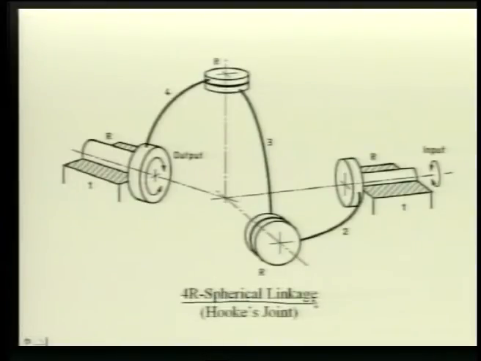The next figure shows what is known as a 4R spherical linkage. Here again we have 4 rigid bodies connected by 4 revolute pairs, one here, one there, one here and one there. But the axes of all these 4 revolute pairs intersect at one point, namely here. This linkage can be used to transmit input motion from shaft 1 to output link number 4.